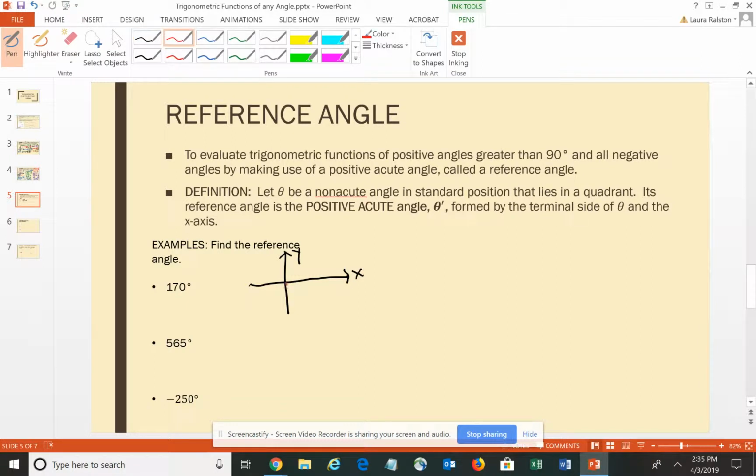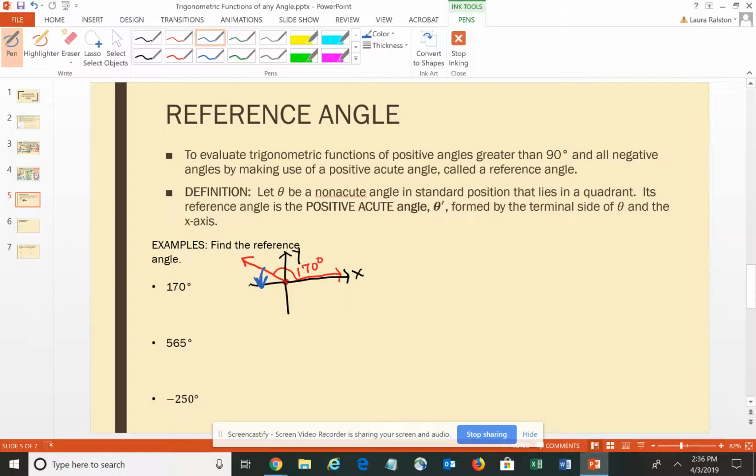So my vertex is on the origin, the initial side is on the positive x-axis, and I rotate around to 170 degrees, I would have this angle. And so the reference angle is actually the angle that's formed between the terminal side and the x-axis. So it would be this angle right here.